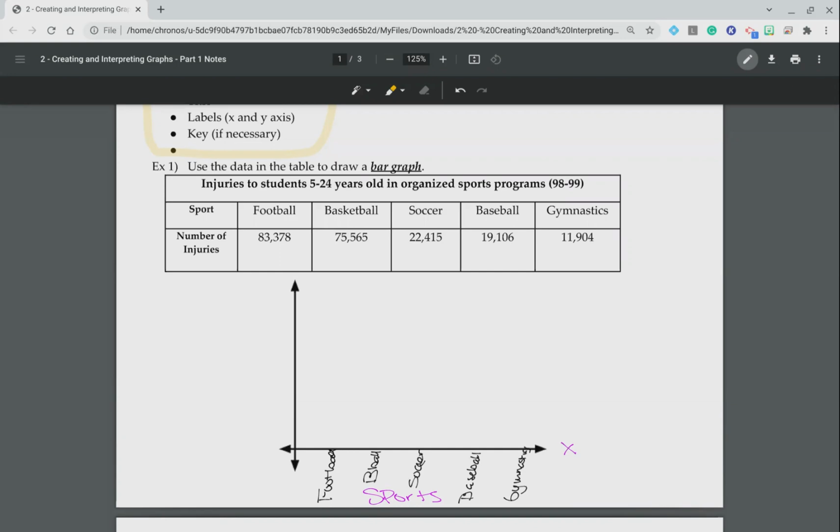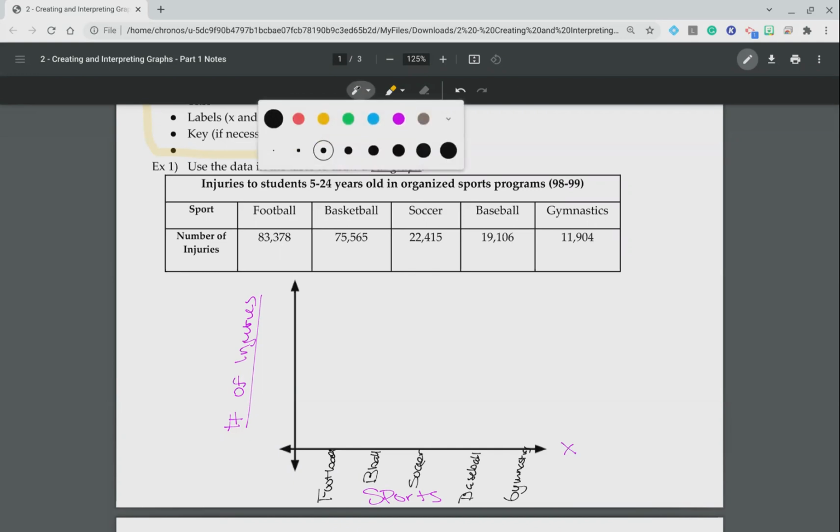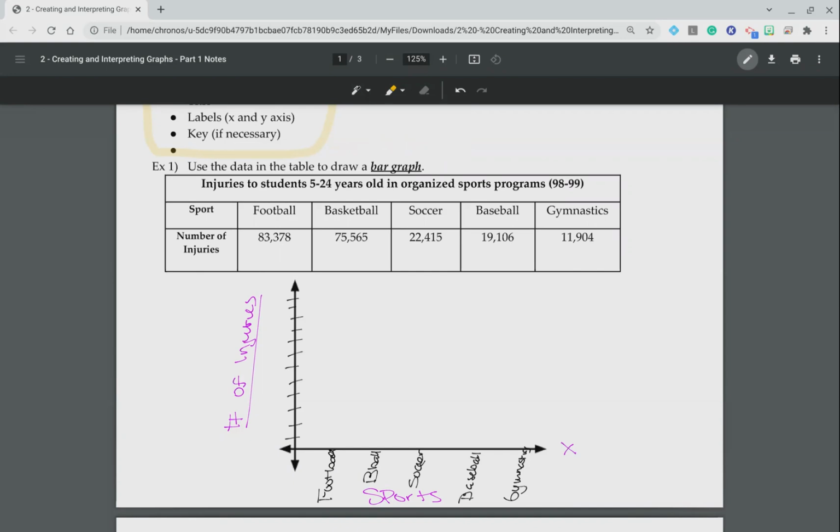All right. Now, my other axis is then going to be used to talk about the number of injuries. All right, so both of my axes are labeled. All right, so looking over here though, we need to have some increments to start with.